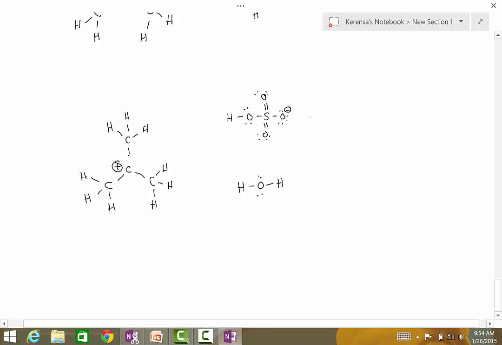This hydrogen sulfate anion actually has resonance delocalization of this negative charge over 3 oxygen atoms.